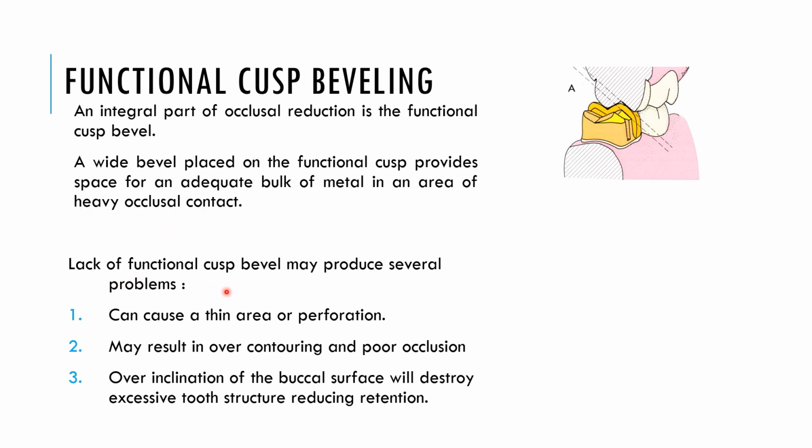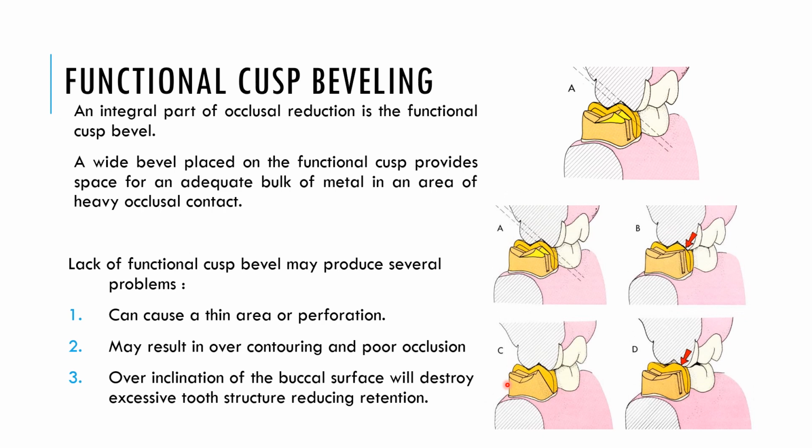Lack of functional cusp bevel may cause thinning or perforation of the crown, may result in over contouring and poor occlusion, and over inflation of the buccal surface, which will destroy excessive tooth structure, reducing retention. So there you can see insufficient beveling, and you can see beveling.